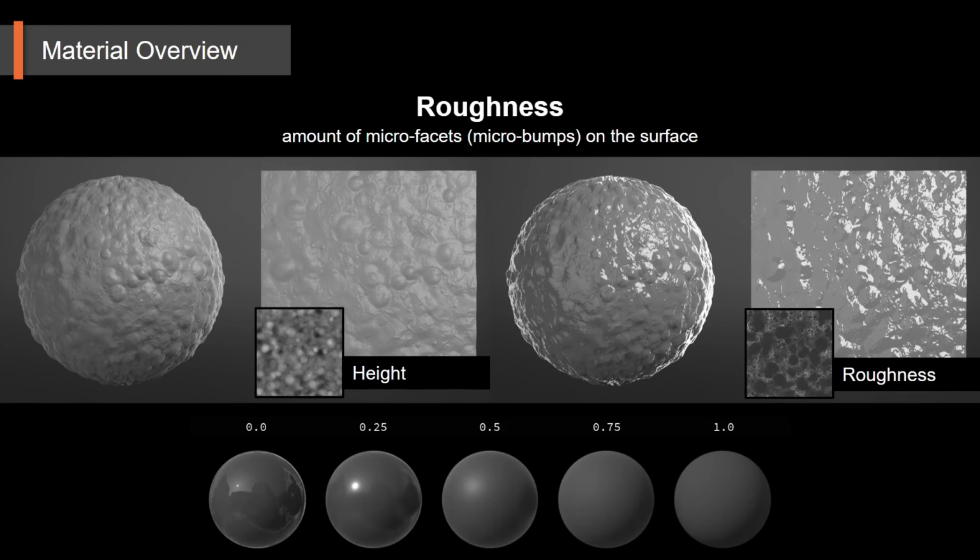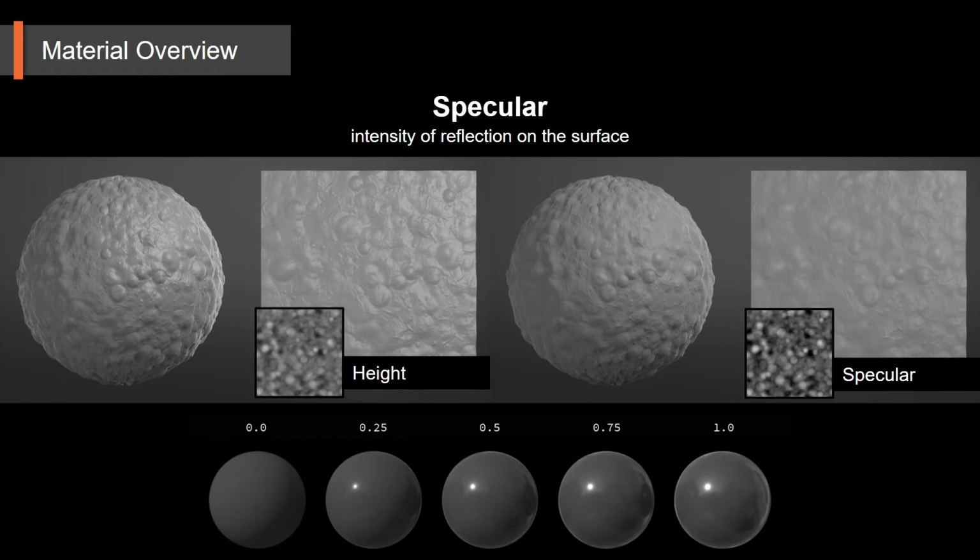Roughness changes the amount of micro bumps. When it goes higher, like 1, you can see a very matte material. And specular changes the intensity or amount of reflection on the surface. So it ended up with a very glossy material.